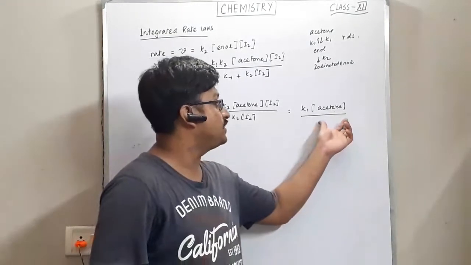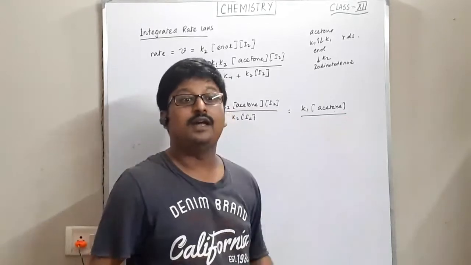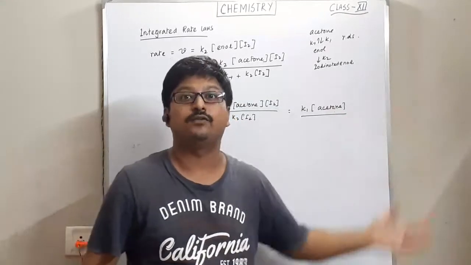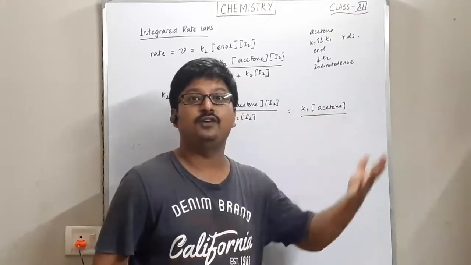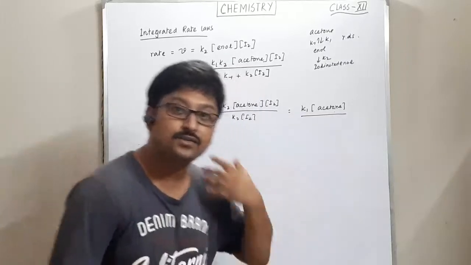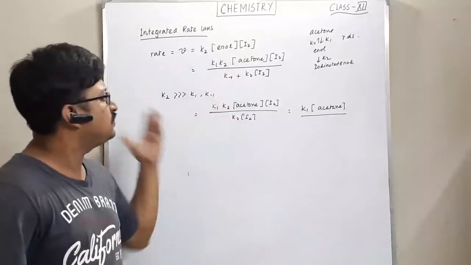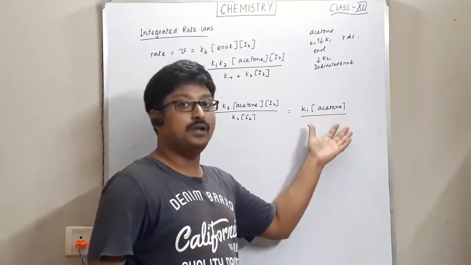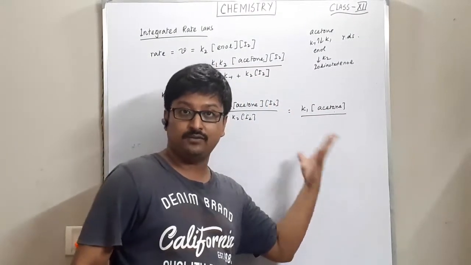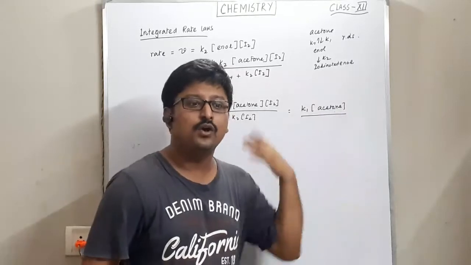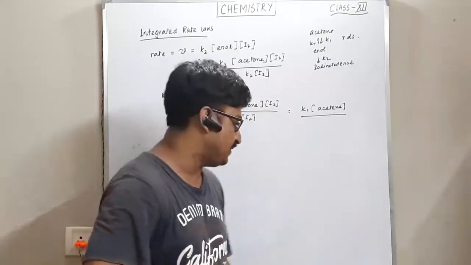That means it is first order with respect to acetone and zeroth order with respect to iodine. This way, mechanism-wise, you can calculate the rate of the composite reaction. We will discuss this more, and this is one of the examples of a zeroth order reaction with respect to iodine, when we discuss the complex reactions.